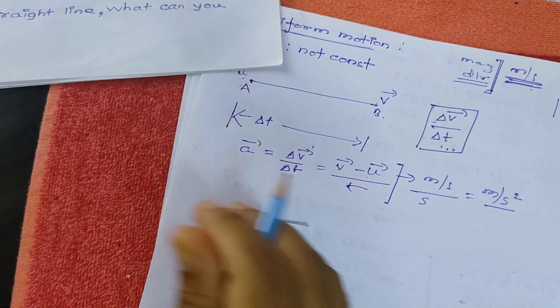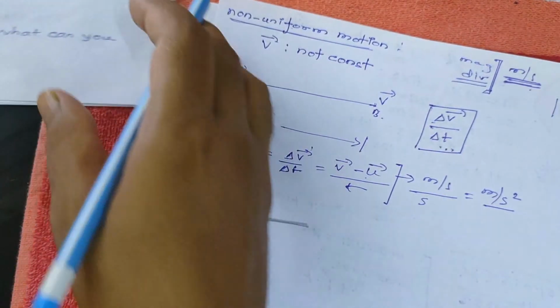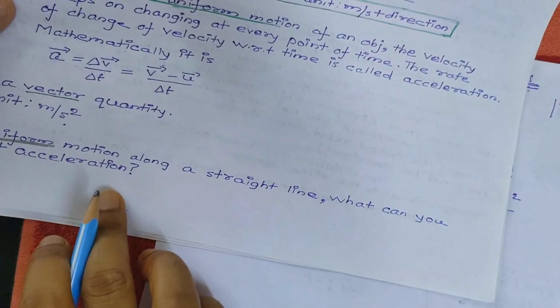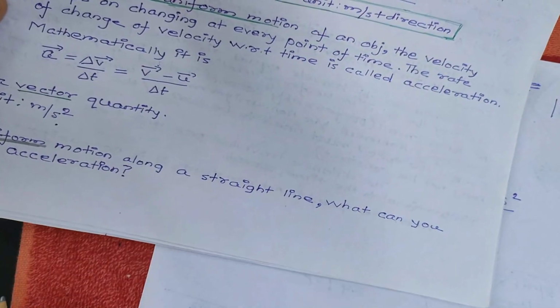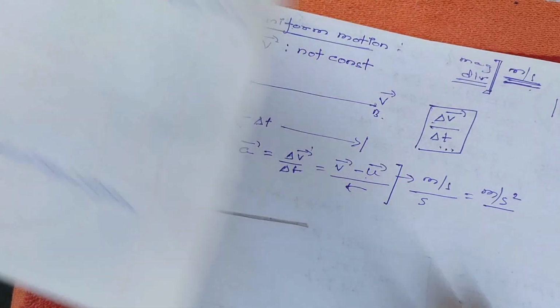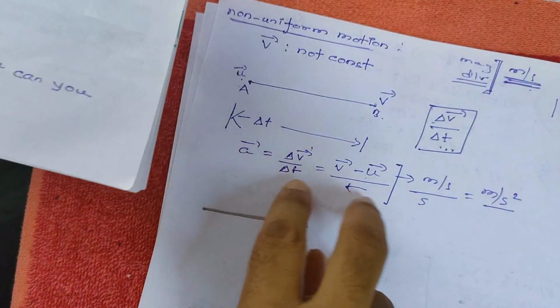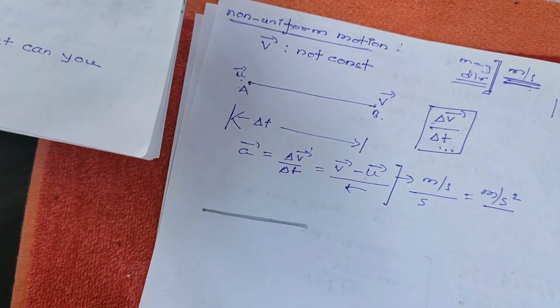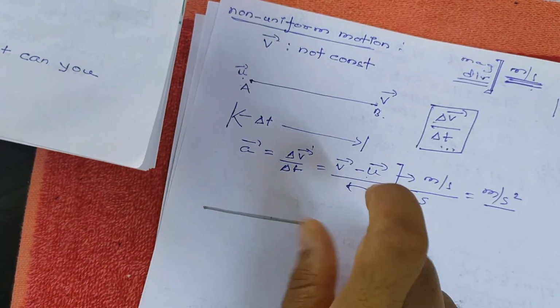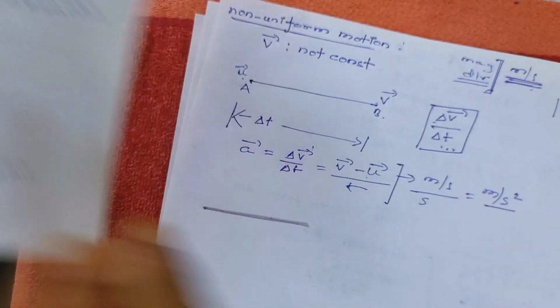It is given in the question. So what can you say about acceleration? The answer is acceleration is 0. No acceleration. Why? Because there is no gradient of velocity, no change in velocity. It is as simple as that.